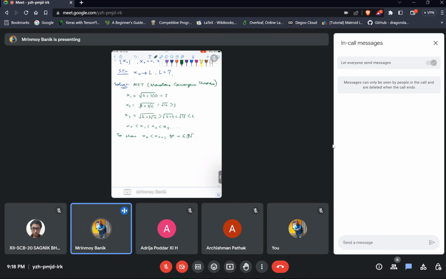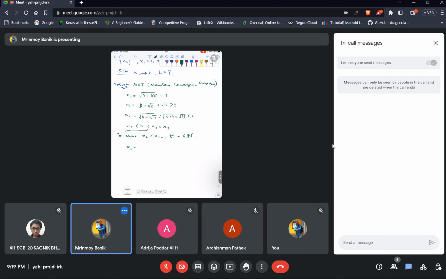Although it's already true that x0 is smaller than x1, right? So the base case holds.